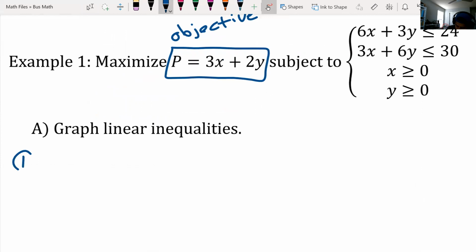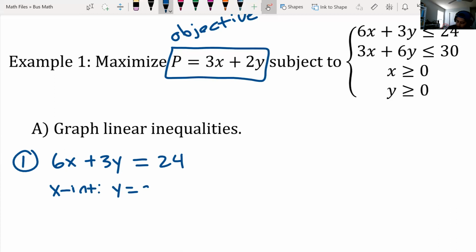So I'll call this equation 1, 6x plus 3y, and I'm going to set it equal to 24. And we are going to find the x-intercept and the y-intercept. So x-intercept, we let y equal 0. And we'll get 6x equals 24, divide by 6, and x equals 4.